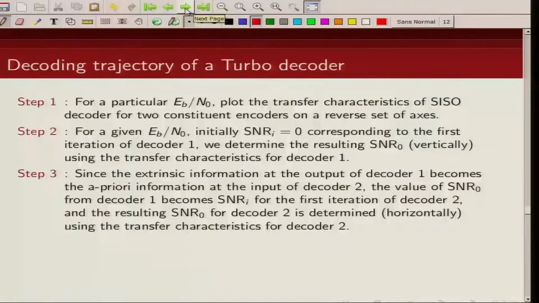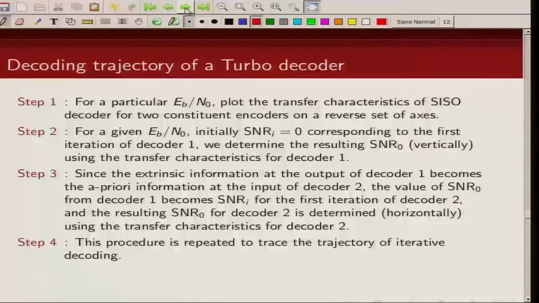Since the extrinsic information from the first decoder is actually the a priori value for the second decoder, that extrinsic information now becomes SNR in for decoder 2. So the SNR out that we got from decoder 1 is our new a priori SNR in for decoder 2.